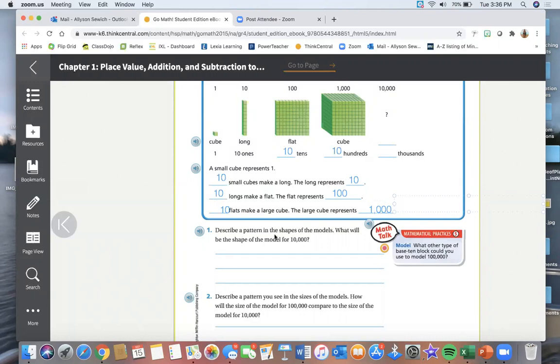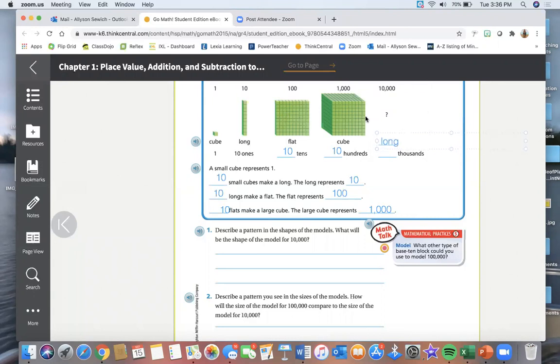Now, our first question here to help us solve this first part of our problem. It says, describe a pattern in the shapes of the models. What will be the shape for 10,000? So a pattern I'm noticing here is it goes cube, long, flat, cube. So I know that this is going to be called a long, not ling, long.